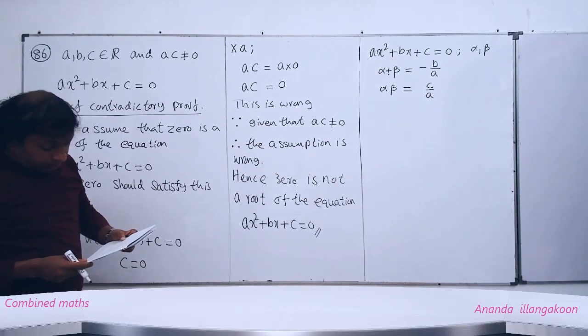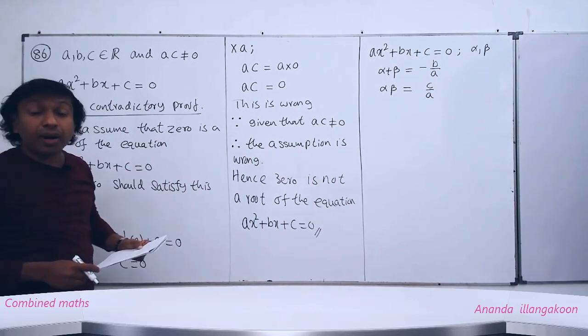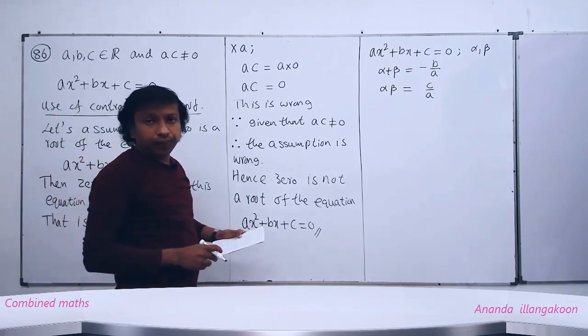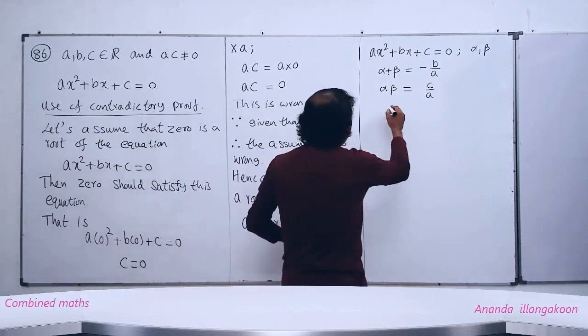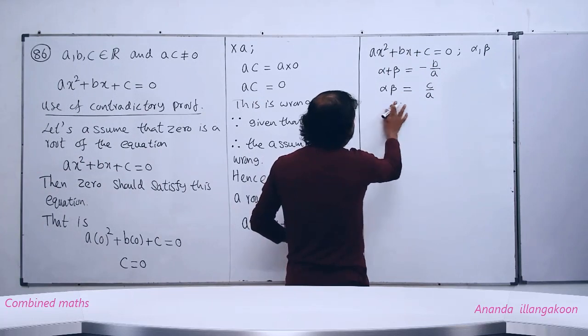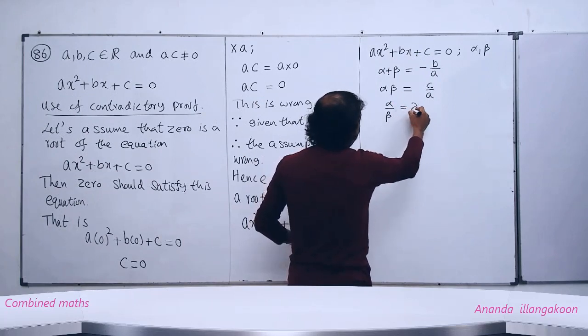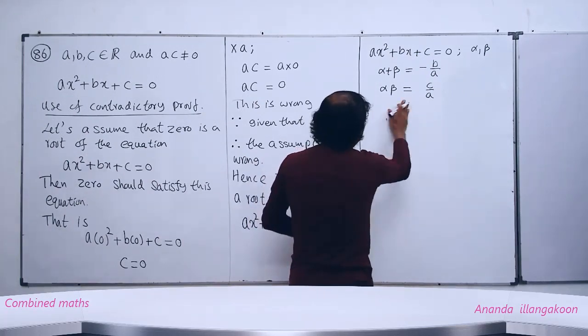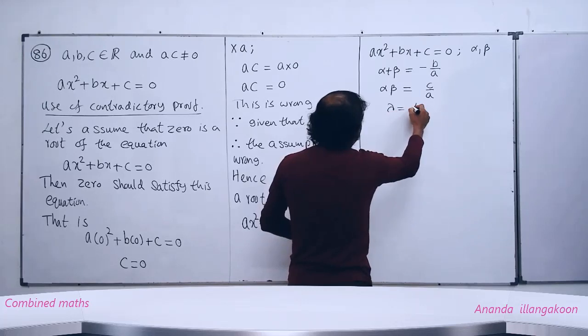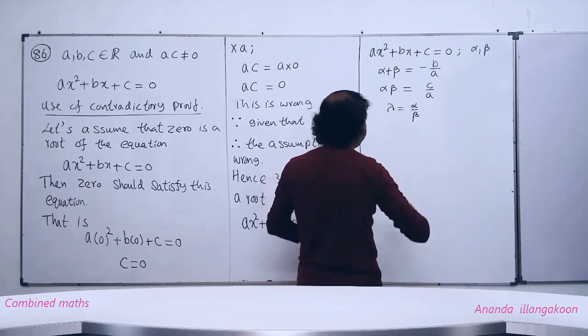Yeah, people, in addition to that, we are given let lambda equals alpha upon beta. That means when we divide root alpha by beta, we get lambda. Lambda equals alpha by beta, right?